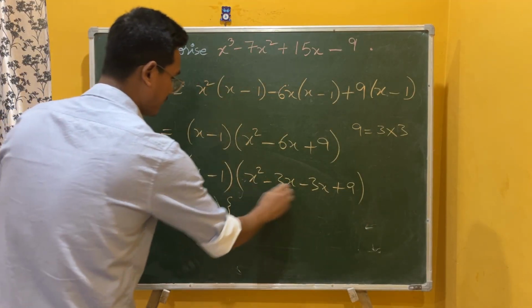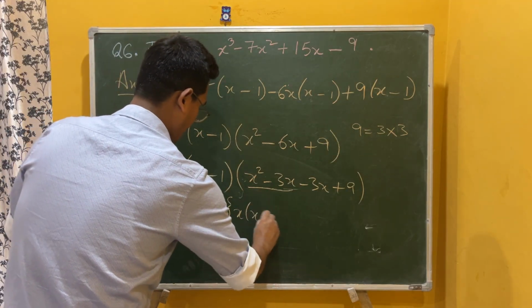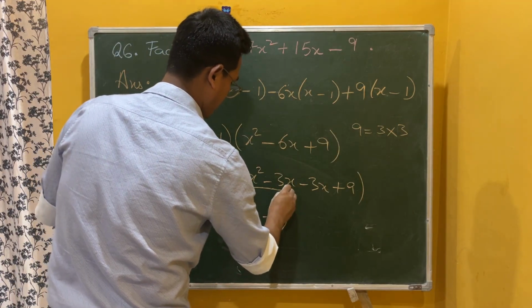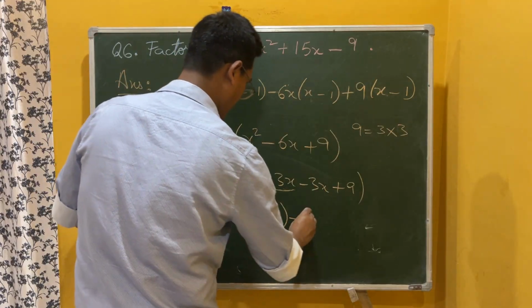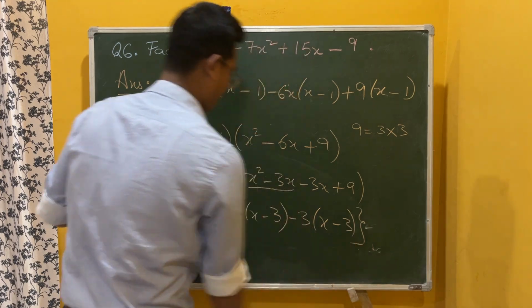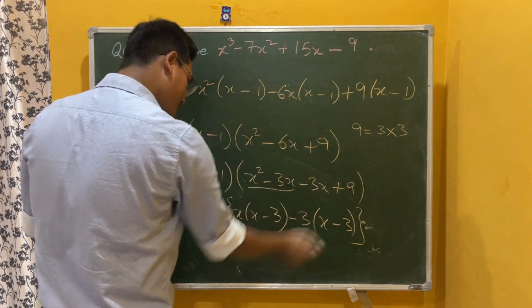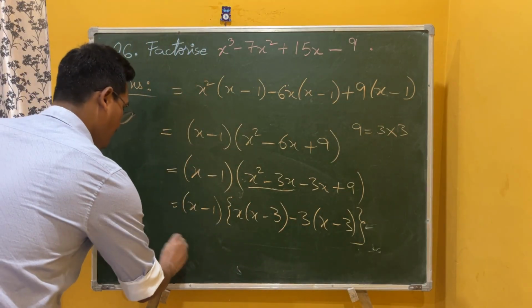Let's find the common from the first two terms, and this sign will come here, and the common from these two terms is 3, x minus 3.